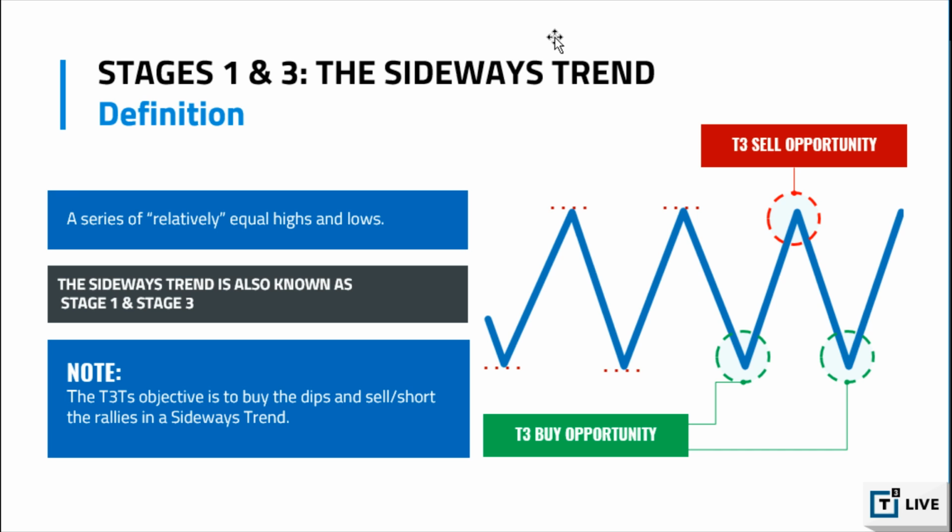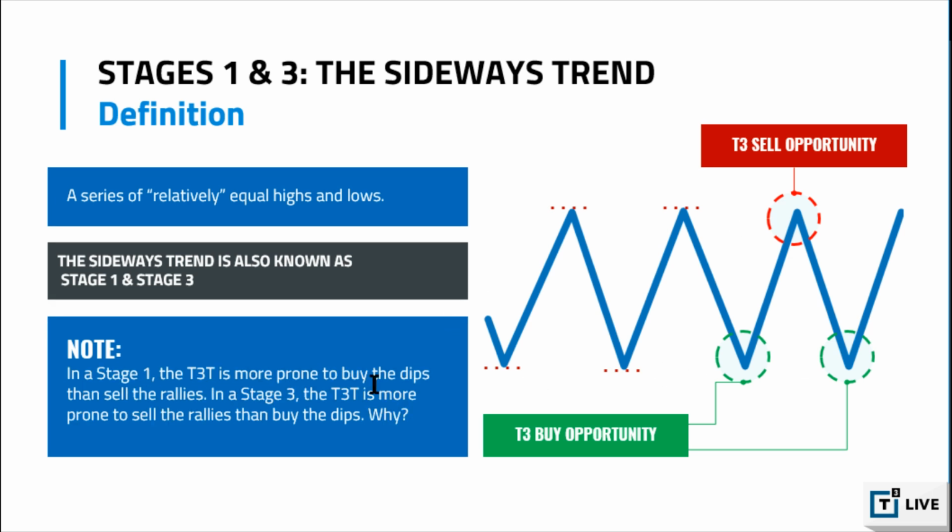Now, note that the objective is to buy the lows to the prior low and sell short the top. Buy the lows, sell short the top. Okay? Now, having said that, if it's a stage 1, never forget this basic unit, the 4-stage cycle.